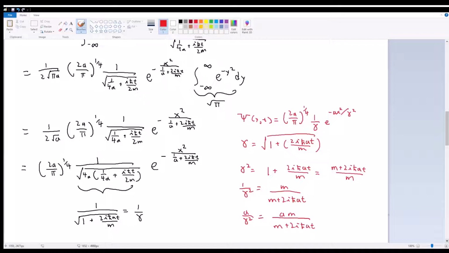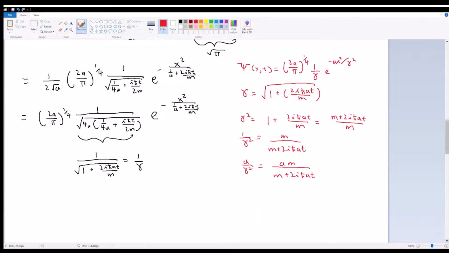So what this means is that e to the negative a x squared over gamma squared is really just equal to e to the power of negative am over m plus 2i h bar at, times x squared. So if we can get this exponent into this form, then we've finished the problem. Let's try to do that.